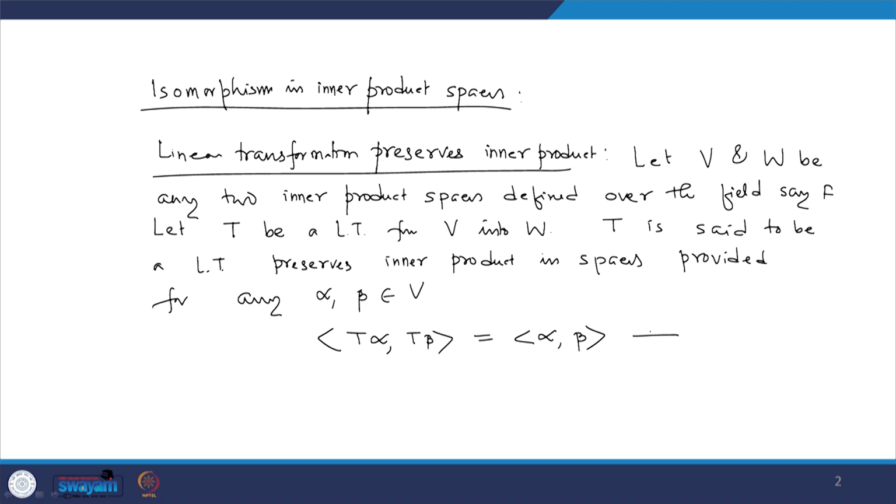In the case of isomorphism in inner product spaces, I am saying that it is a linear transformation. So, let me define isomorphism in inner product spaces.